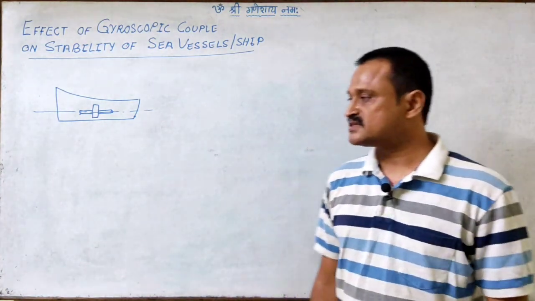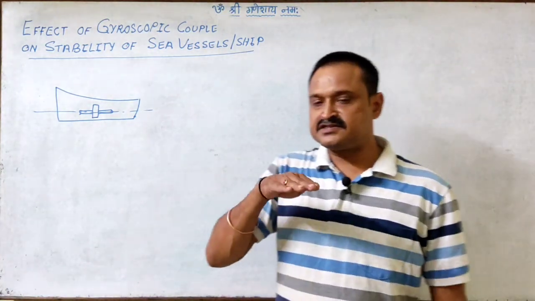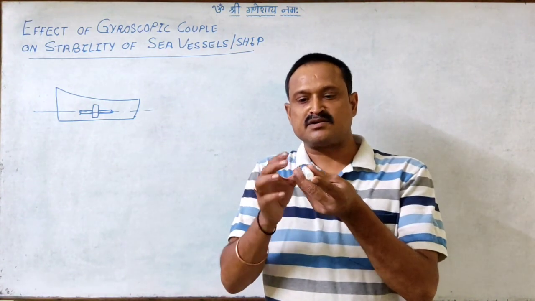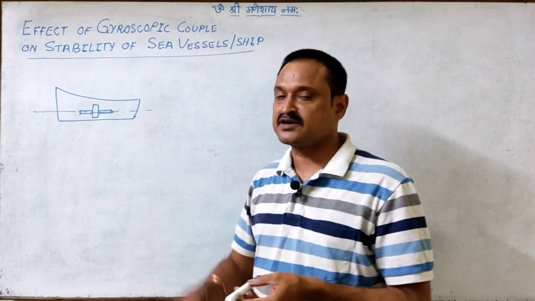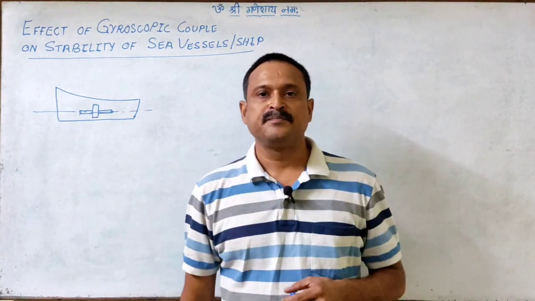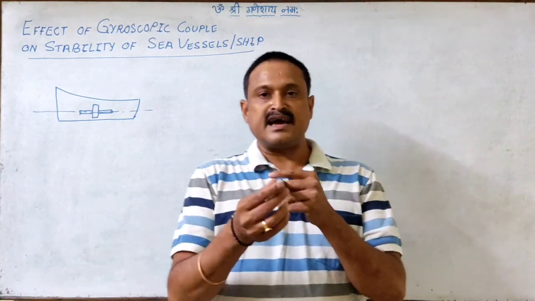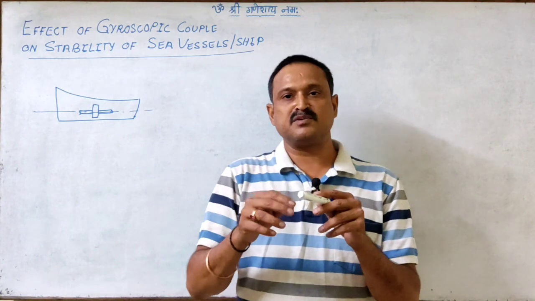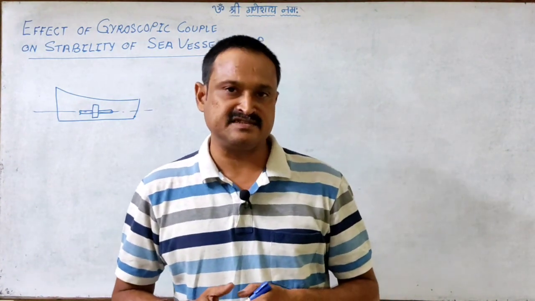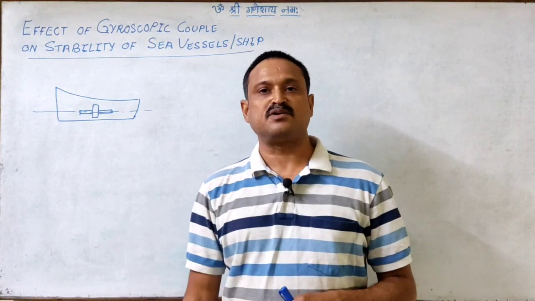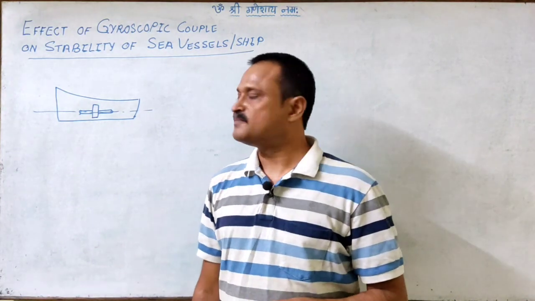Now what happens is, when a ship steers, at that time the axis of the spin, the rotor, is getting turned. So we have seen that when the axis of spin is rotated about a perpendicular axis, then about the third mutually perpendicular axis there is introduction of a couple which is called a gyroscopic couple.